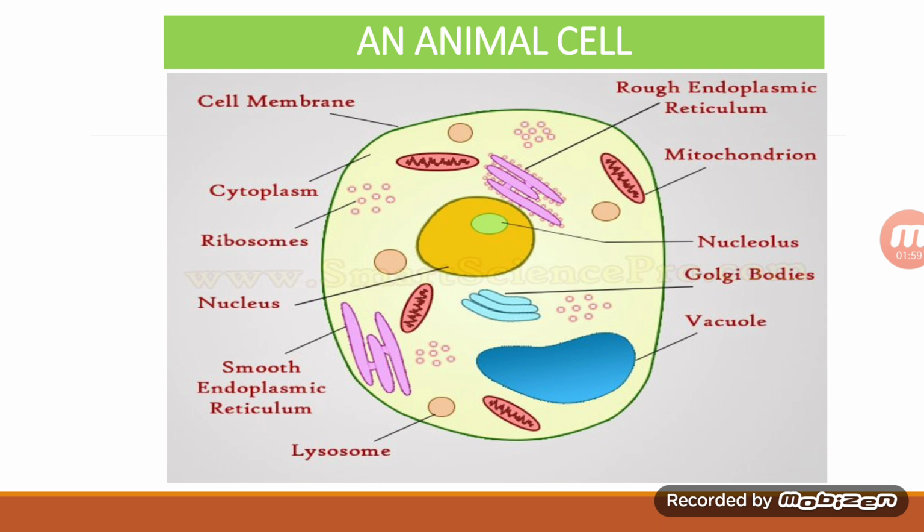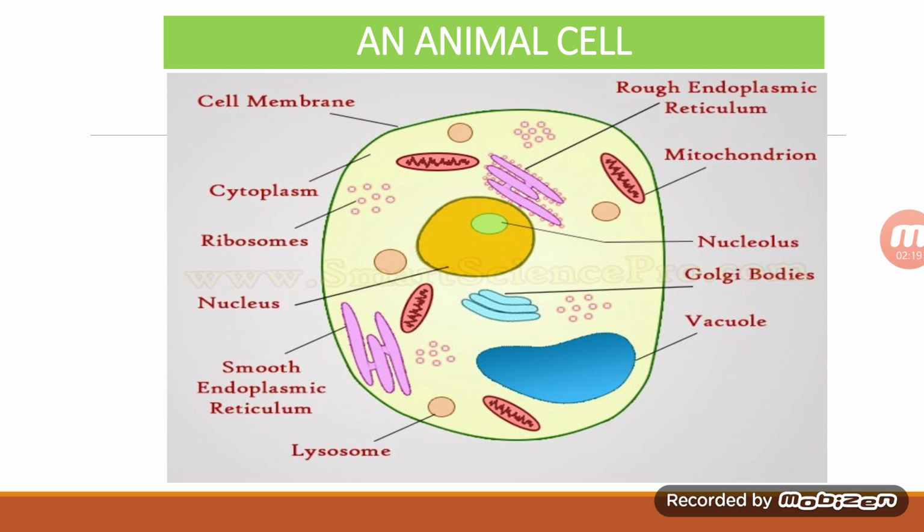For example, the pink structure is labeled as endoplasmic reticulum. In the center of the animal cell you can see that they have labeled the outer one as nucleus, and in the center of the nucleus, which is green in color, as nucleolus.